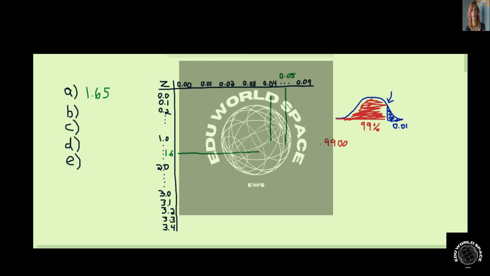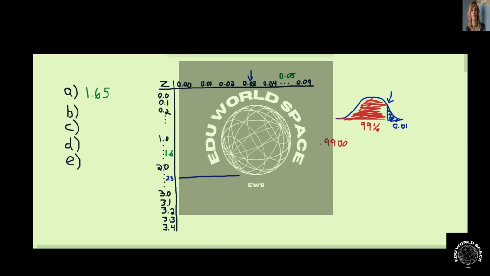Go ahead and erase this real quick. So this one in the chart is going to appear at 2.33. So we'll be looking for 2.3 on this axis and a final digit of 3, which would be this one here for the other axis.